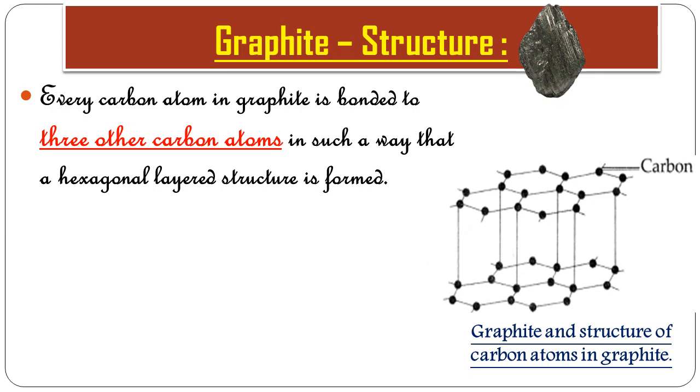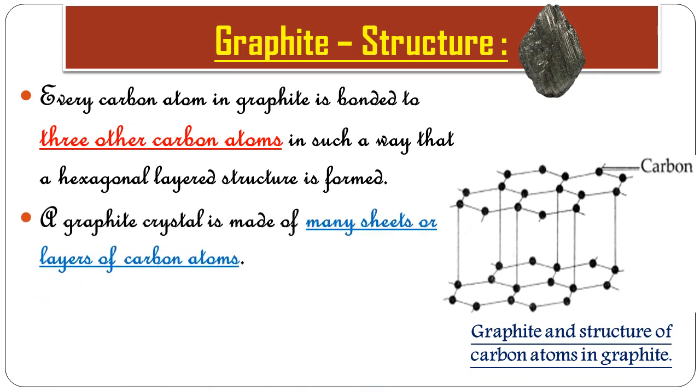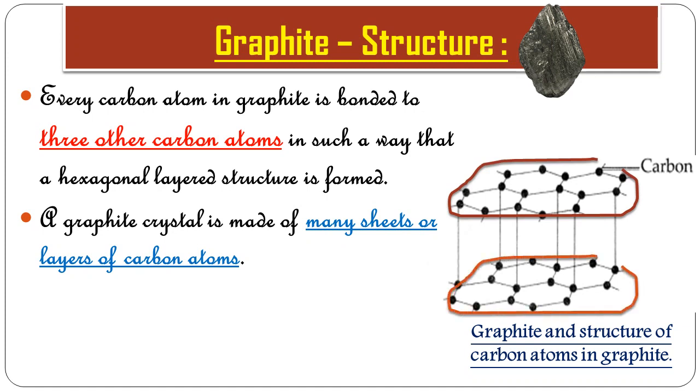A graphite crystal is made up of many sheets or layers of carbon atoms. Here this is one sheet and another sheet. In this way the sheets of carbon atoms lie one after the other, and this is how the graphite structure is formed.